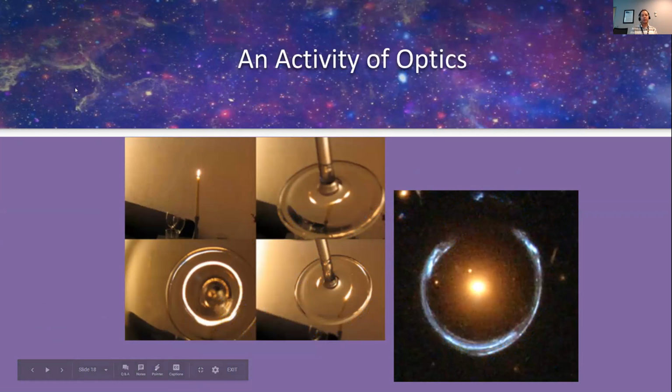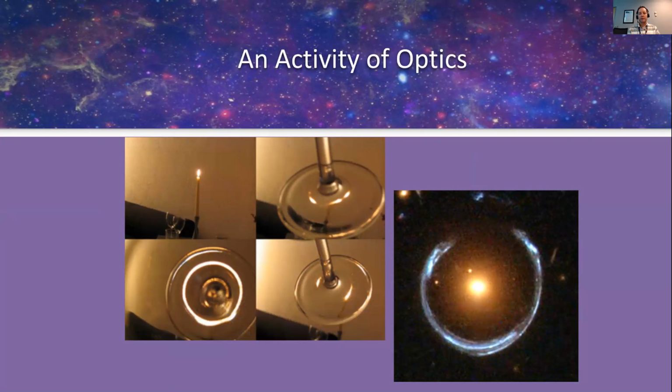But here's an activity you can do that's a lot of fun. If you take the stem of a wine glass, for example, and you take a candle or a little flashlight, a little LED light or something, as you observe the candle or the light through the stem of that wine glass, you'll notice that you can actually recreate similar shapes to what you see in the universe. Now, in the wine glass, it's the glass that's doing the lensing, the changing direction of light, okay?